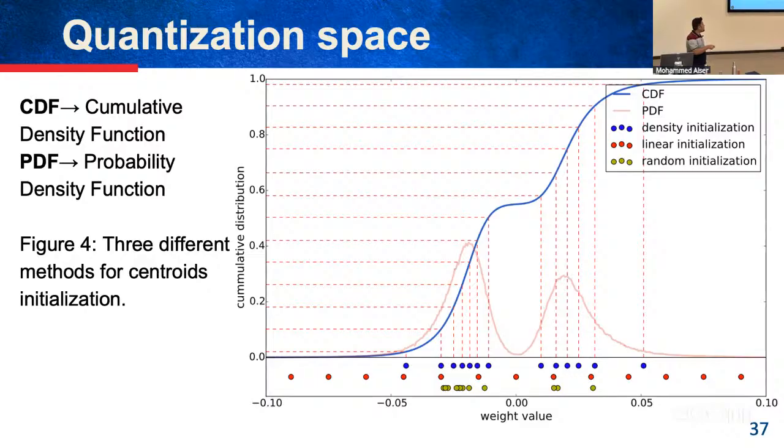For these values, the accuracy will be lost. That is why they use linear initialization, with the minimum value and maximum value. In this way, we have representation from all numbers, the high density values as well as the low density values. Okay, go next.